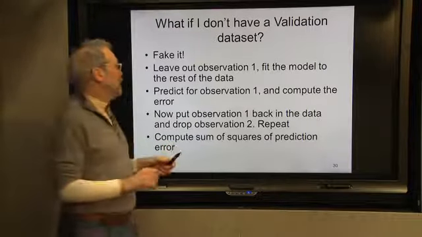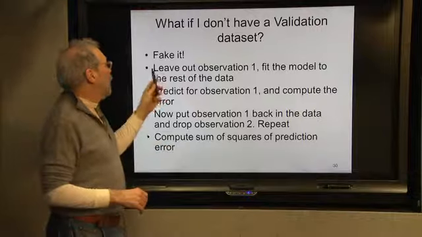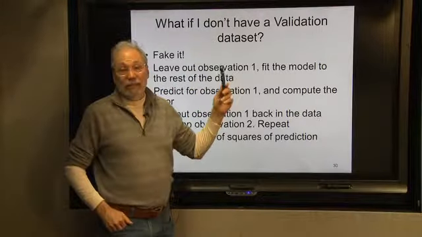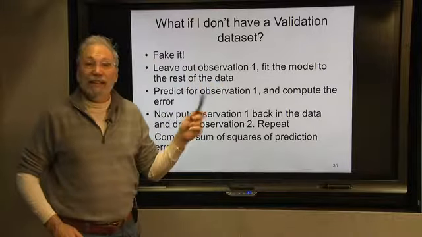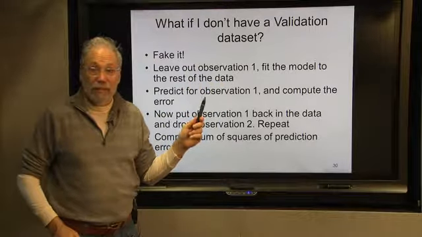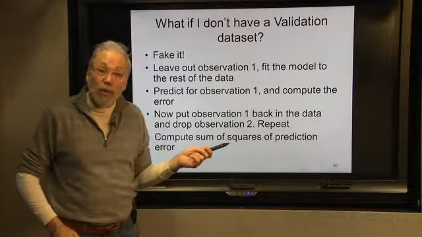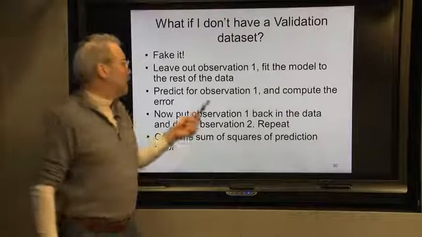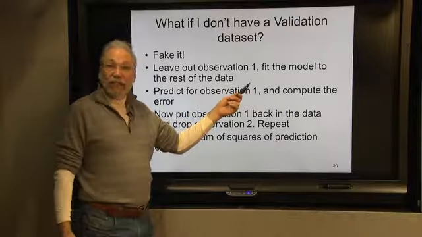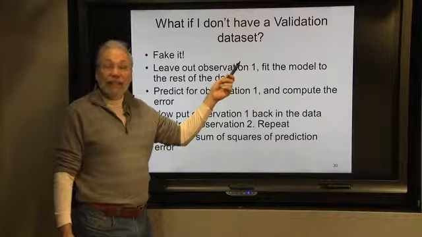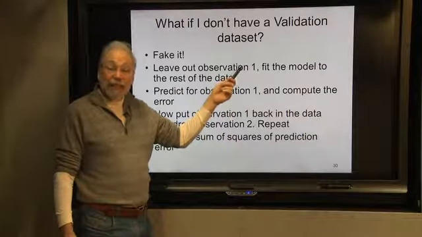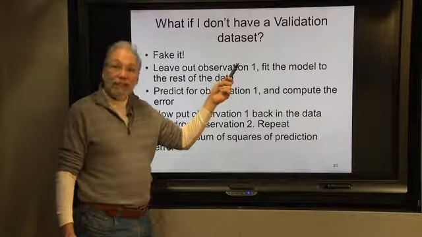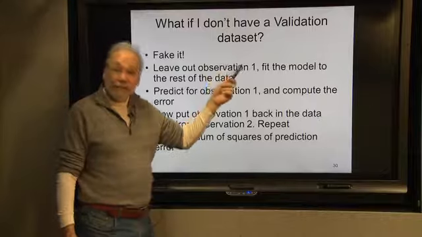And here's how we do that. So I could leave out observation 1, January 1st, 2001, fit the model to all the other data in Chicago, predict, given the temperature on January 1st that actually occurred, how many deaths my model predicts will occur on that day, compare that to how many really occurred, square that.